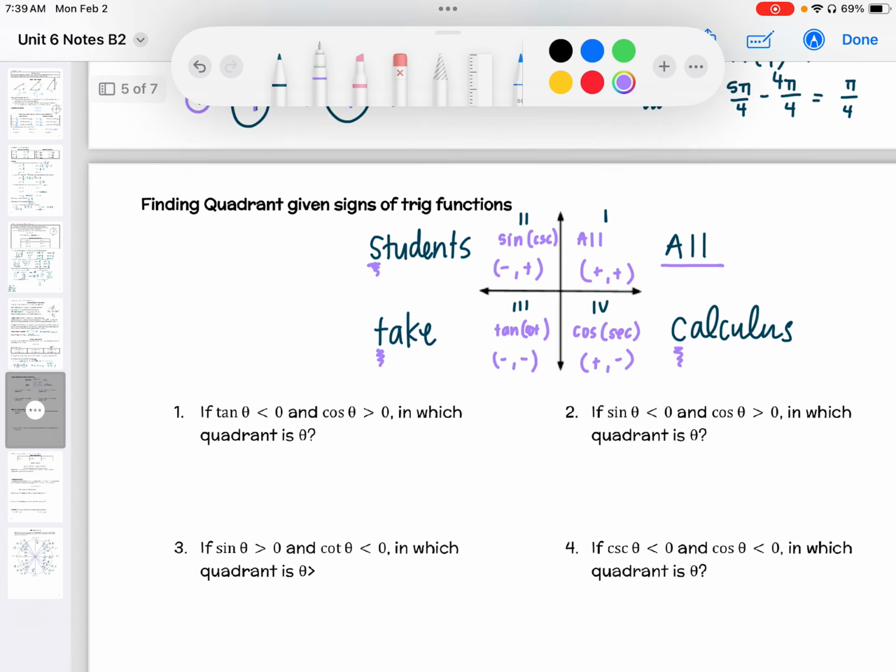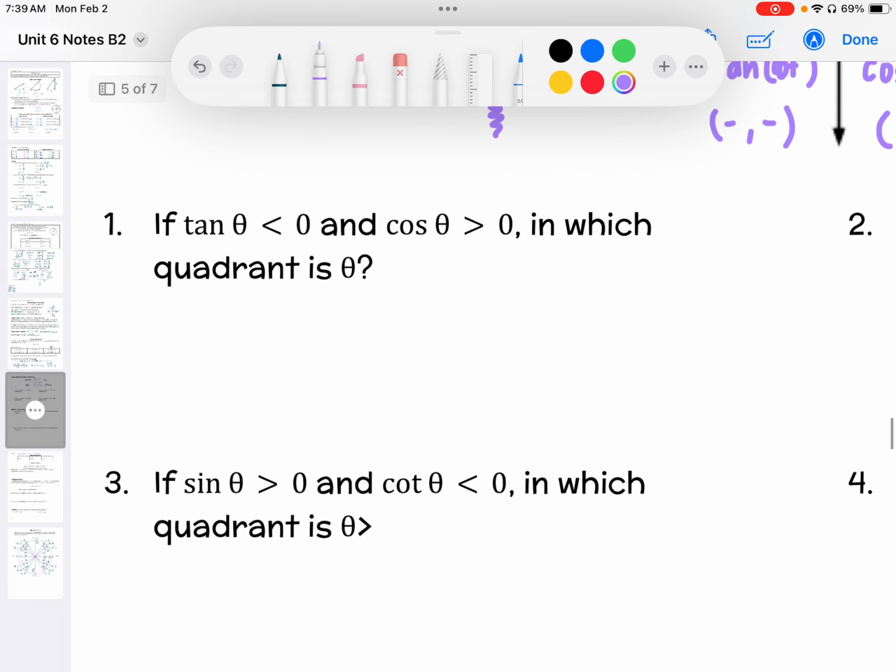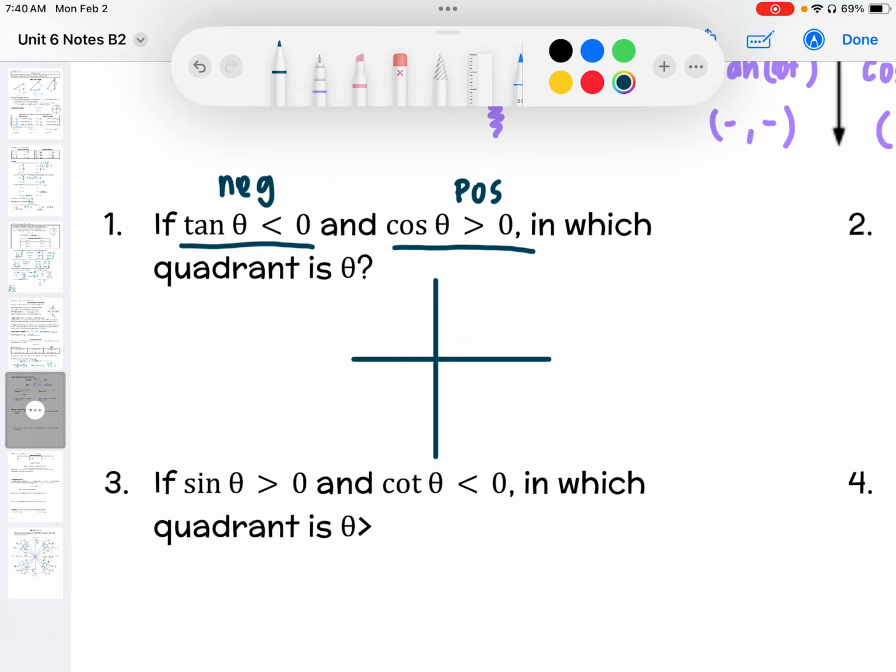So if we're given a problem where tangent is less than 0, meaning tangent is negative, and cosine is greater than 0, meaning it's positive, we need to be able to say what quadrant that angle is going to be in. So what we want to do is draw an XY grid, and if tangent is negative, that's going to happen in quadrant 2 and quadrant 4.